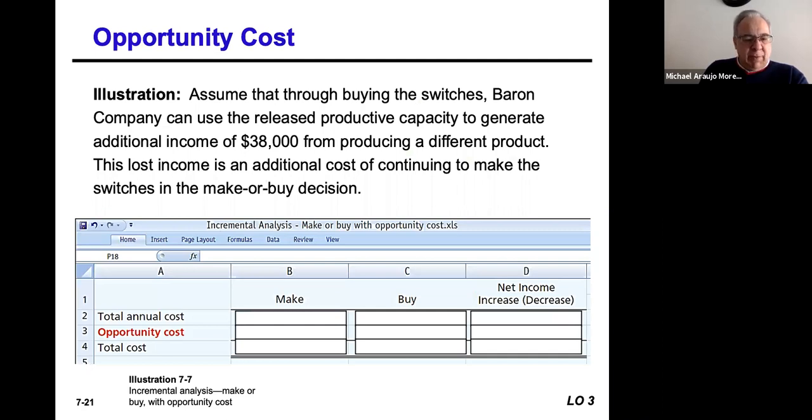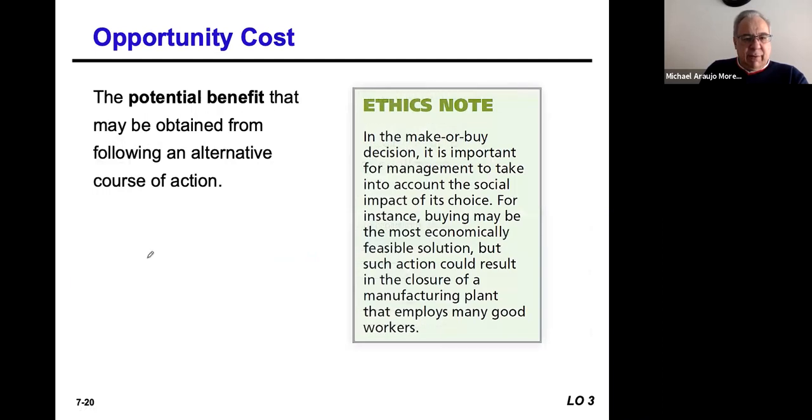However, I'm sorry, I didn't mean to fly through that. The opportunity cost here is, since they're not making it, they have all this excess going on. What if they could actually benefit by using that from an alternative course of action?